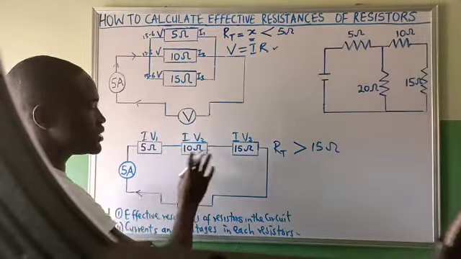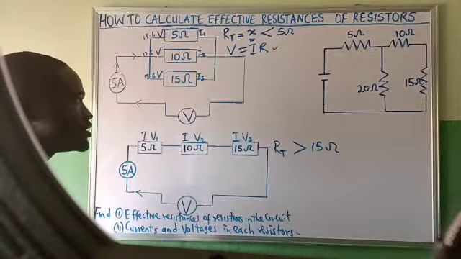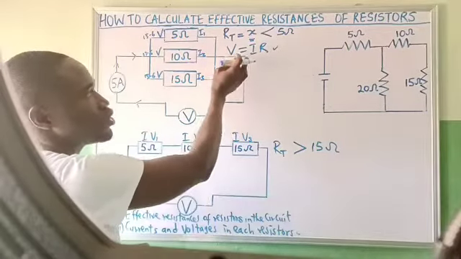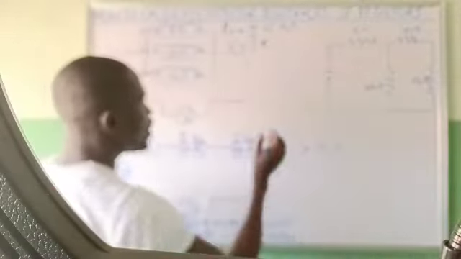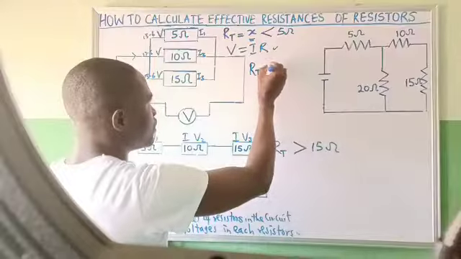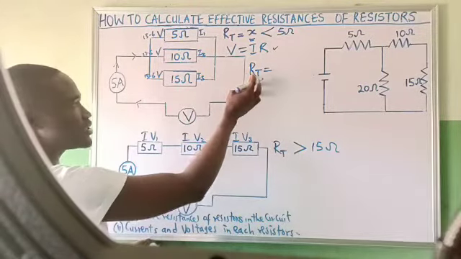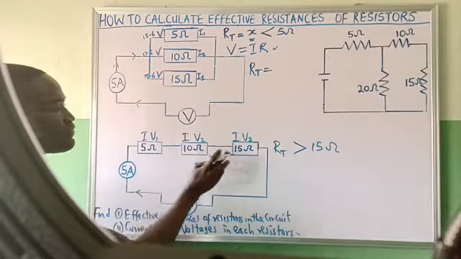Now, since it is talking about electricity involving current, voltage, and resistor, it obeys Ohm's law, which says that V equals I R. Let's get the effective resistance first of all.